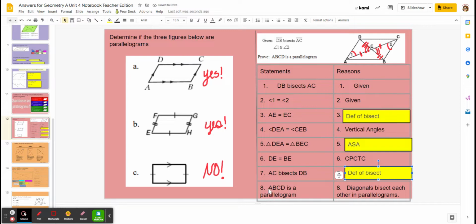And finally, we can say that ABCD is a parallelogram because the diagonals, AC and DB, bisect each other. All right, so that was slide 12. Again, feel free to pause this if you need to.